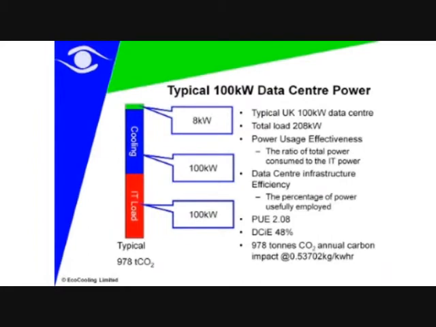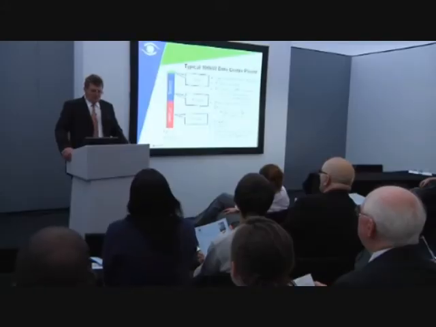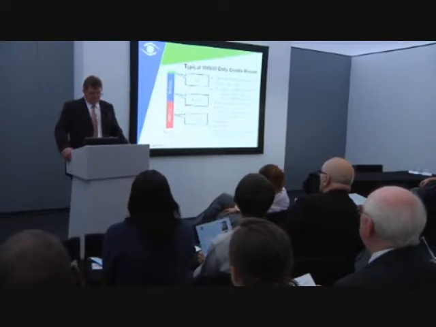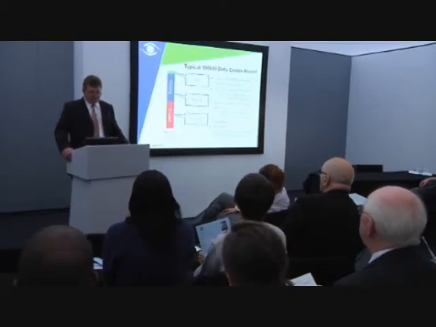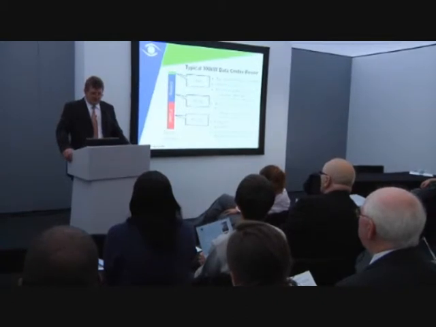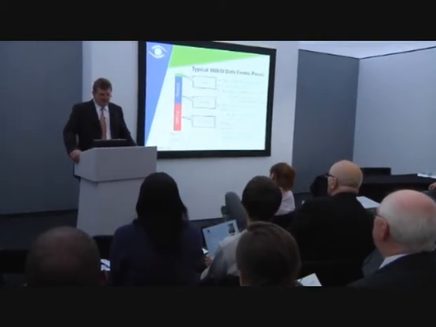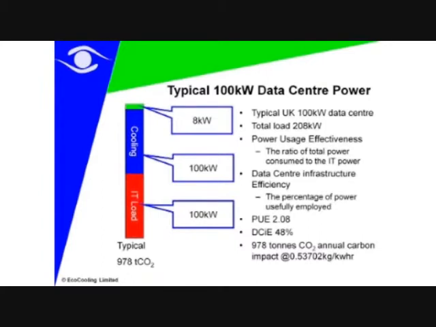Now, what do we mean by PUE? Very, very important concept. We look at the efficiency of a data center and its energy use, or a server room, by looking at the ratio between the total energy used against what's really useful work done in the IT equipment.